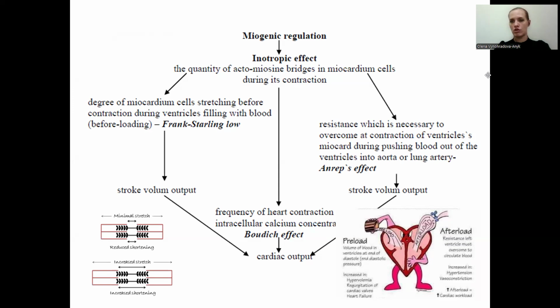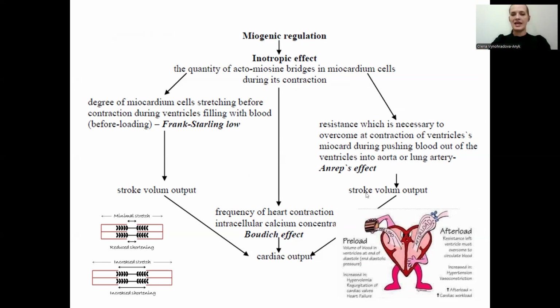Third, neural regulation, or second neural, third humoral, it doesn't matter. Myogenic regulation usually works during the state of rest, when we are at rest and have no troubles or activity.